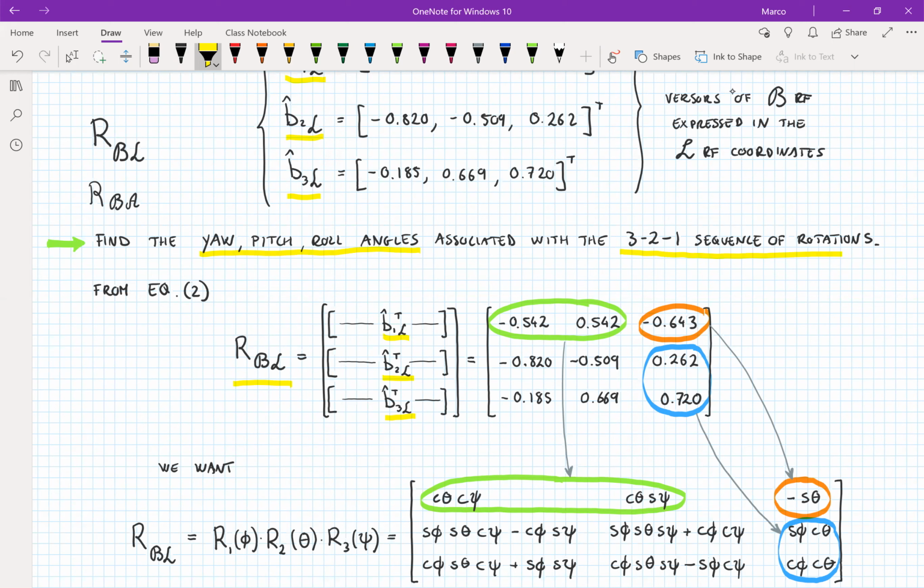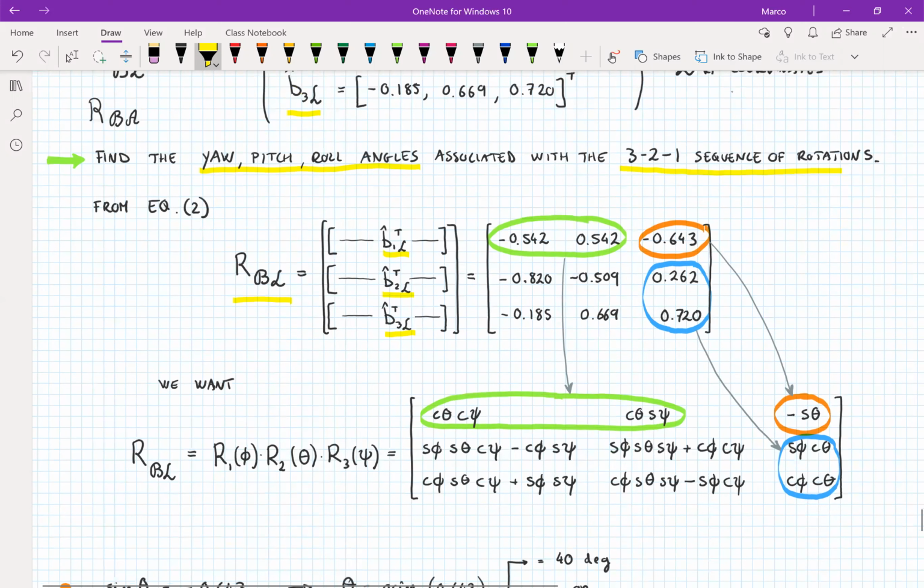All right, but we're not done, because now we've just formed the rotation matrix, but we have to find the values of the angles of the three elementary rotations associated with the overall rotation matrix. So how are we going to do that? Well, we can take the general expression for a 3-2-1 sequence of rotation, and that is what we saw earlier.